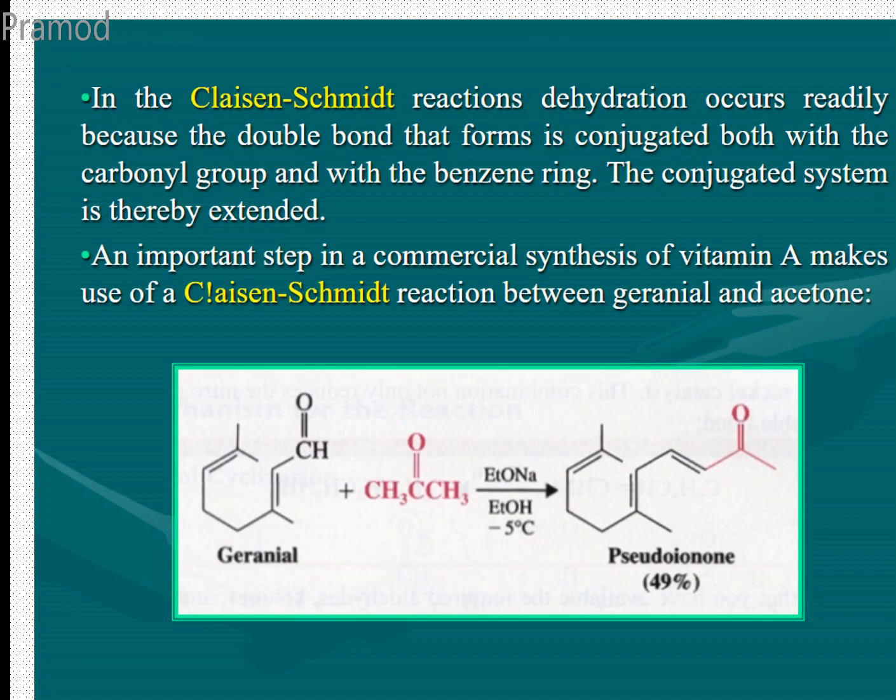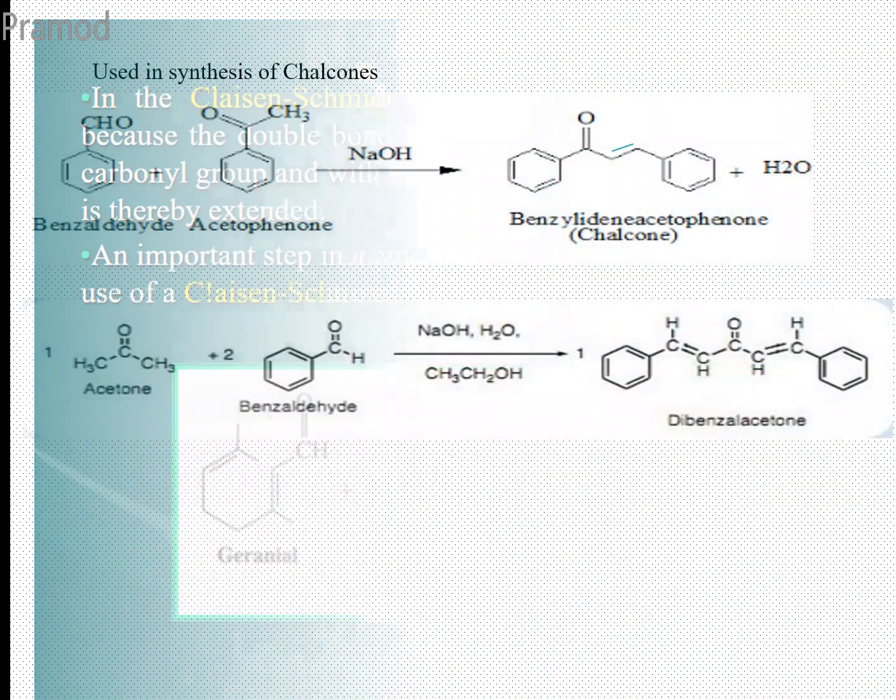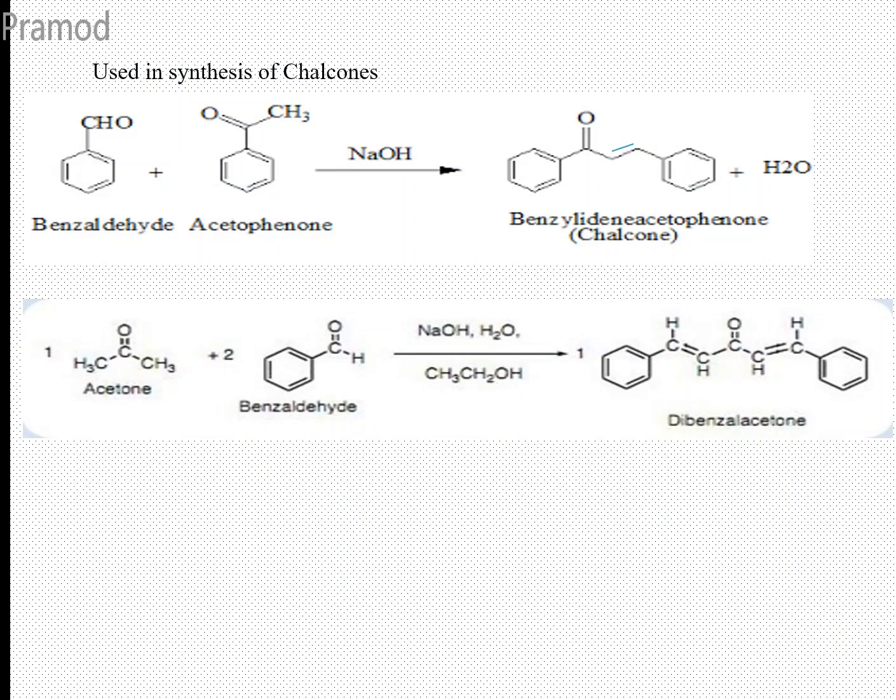Okay, this is a very important method for preparation of your vitamin A, and it is also used for preparation of side chains of benzenes with the double bond. So this Claisen-Schmidt reaction is used in such reactions. Dibenzyl acetone is used. Benzaldehyde with acetophenone gives benzylidene acetophenone, that is a chalcone.